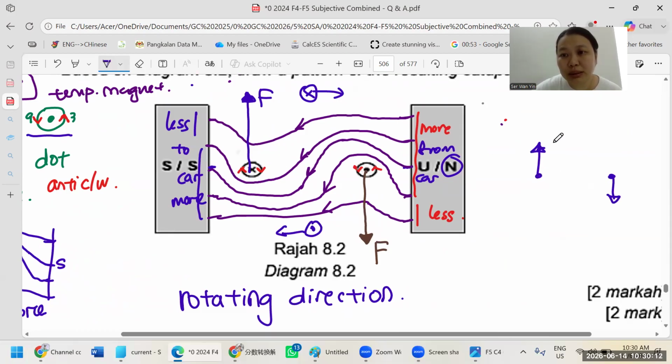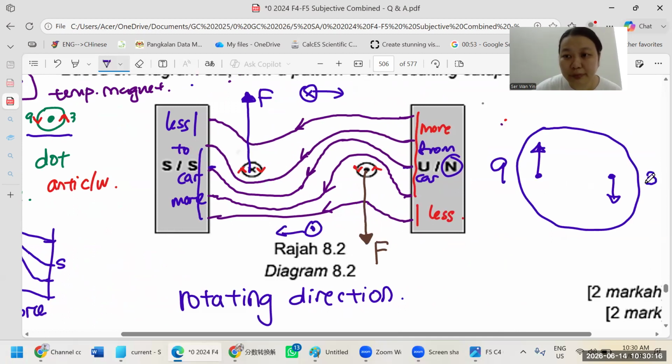Then you treat this as a clock. This is 9 o'clock, this is 3 o'clock. 3 o'clock goes down, 9 o'clock goes up. Congratulations. The rotating direction will be clockwise.